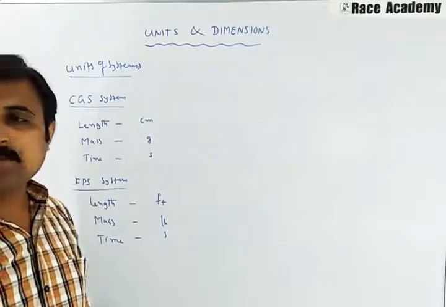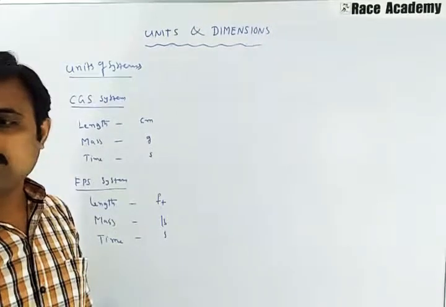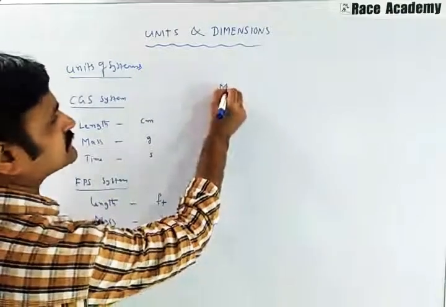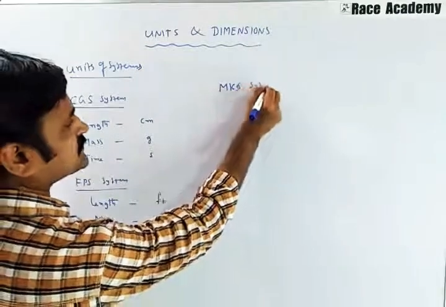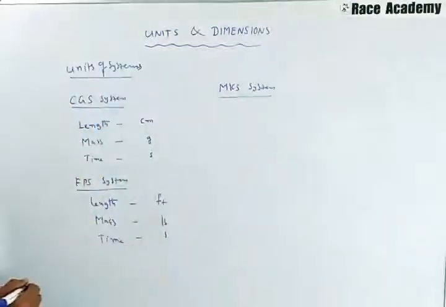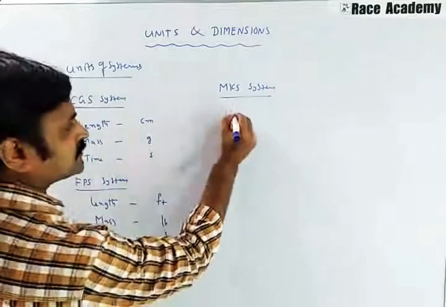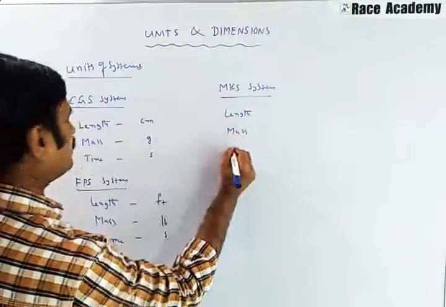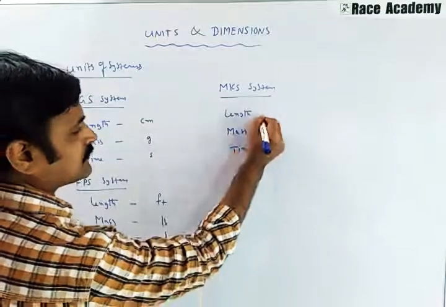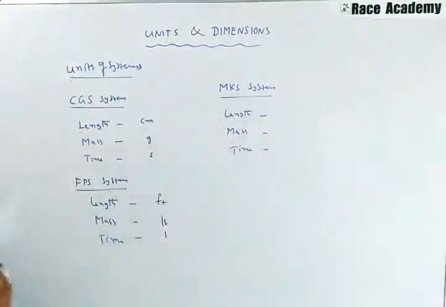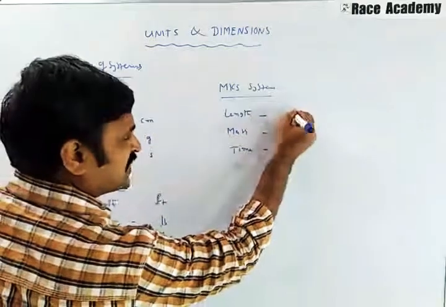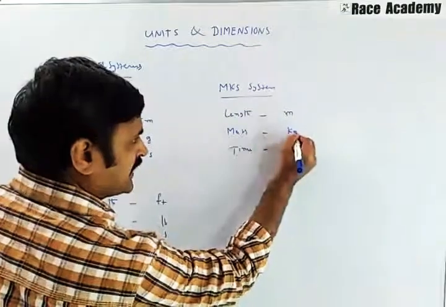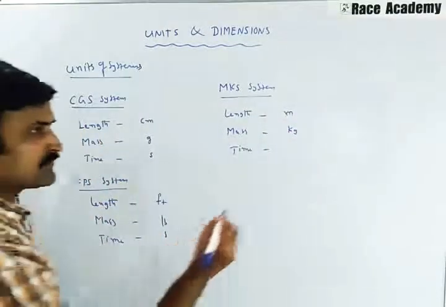Coming to another important system, that is the MKS system. In the MKS system, length is measured in meters, mass in kilograms, and time in seconds.